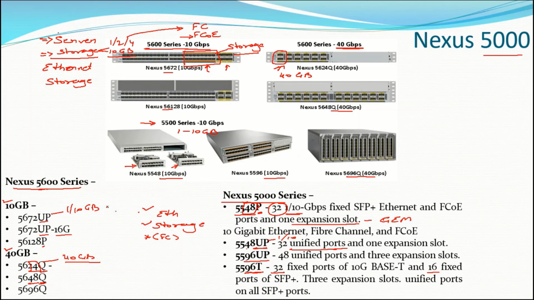Either we can use these line cards for Ethernet, or we can use these line cards as storage Fibre Channel. That's the reason people are still using the 5000 series switches. It still continues, and people are using 5600 series switches nowadays. In a lot of places you have seen these 5600 switches being utilized now.